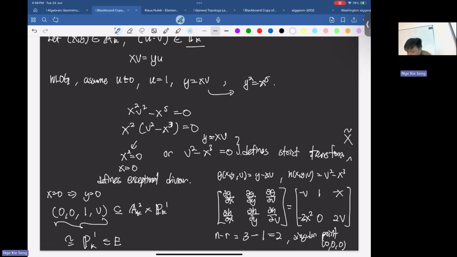And then another point is x and v equals 0. Should be at this point: v is 0, x is 0, y is 0, and then here is 1.